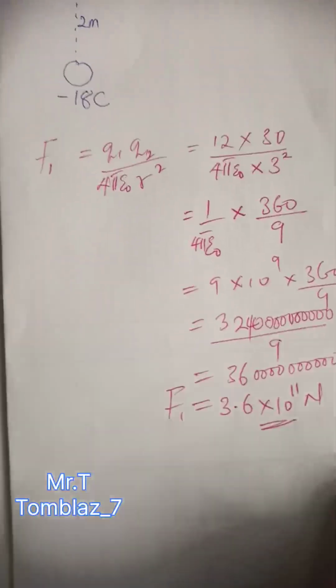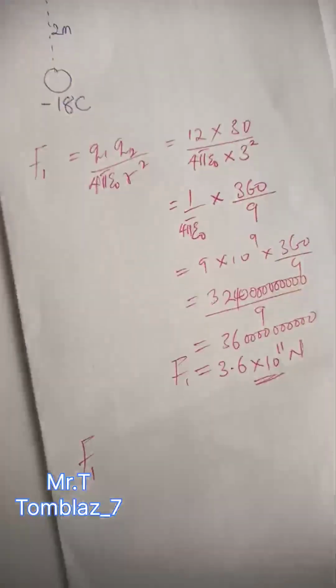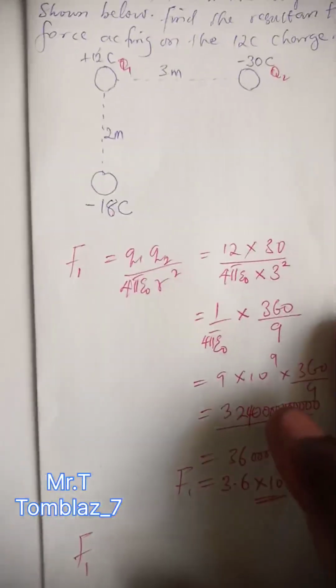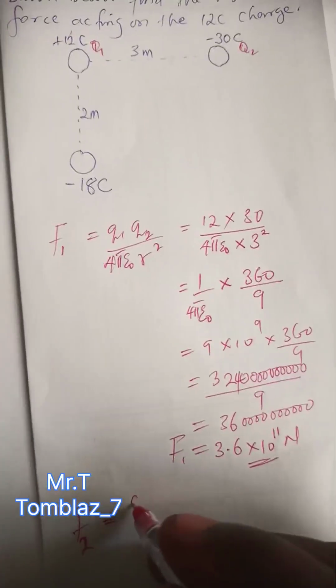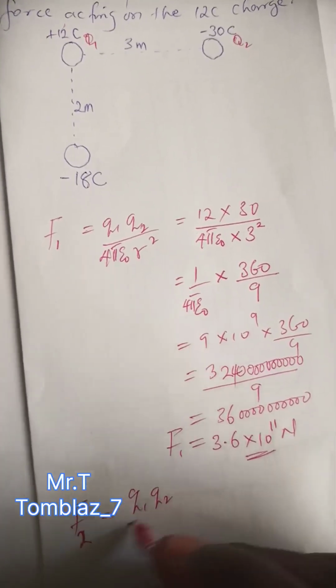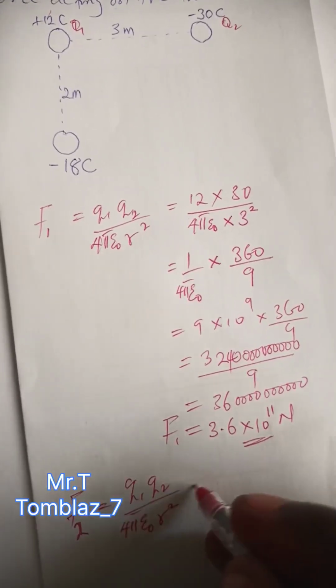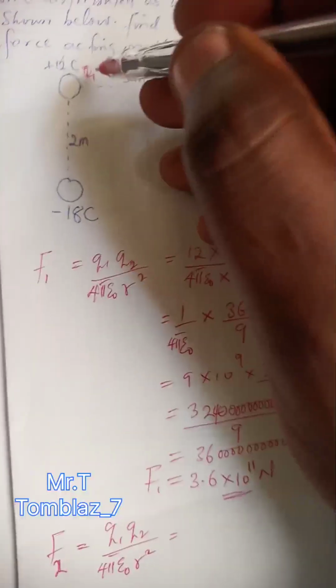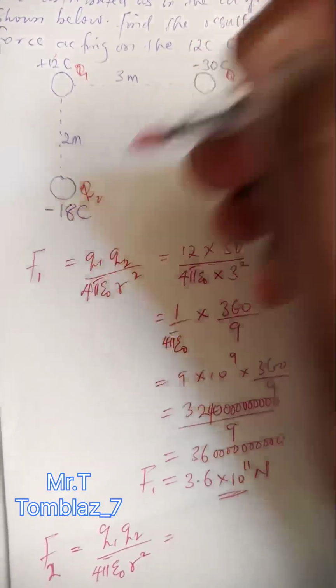The next one now, we'll look for the force that exists between the 12 coulomb and the minus 18 coulomb charge. We'll call that one F2, and then we can say Q1 Q2 all over 4 pi mu naught r square. Here Q1 will still be 12, but Q2 will become 18.